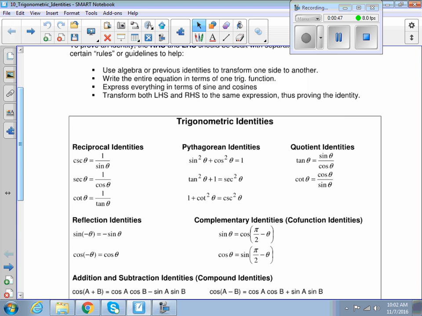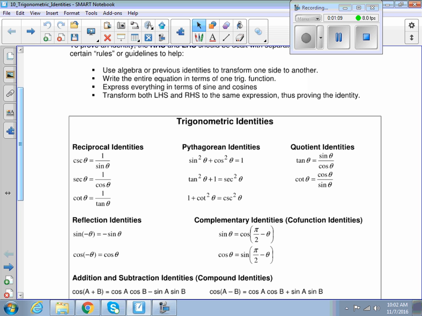So the general process of proving an identity is that first you make a left side and right-hand side of your identity, and write them out. You're not going to put the equal sign until you've actually proven that the left side is equal to the right side. You start from the side that looks more complex and try to get to the other side.